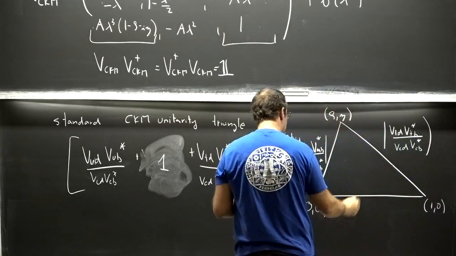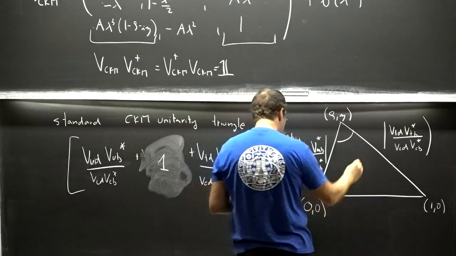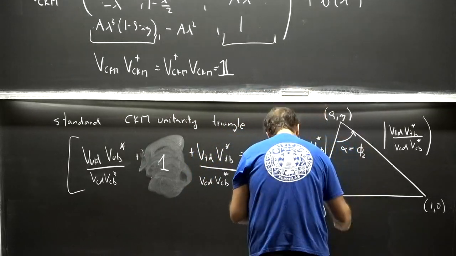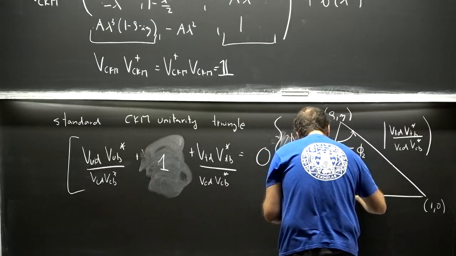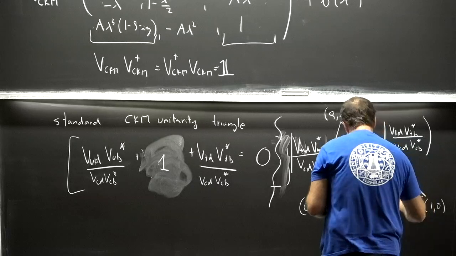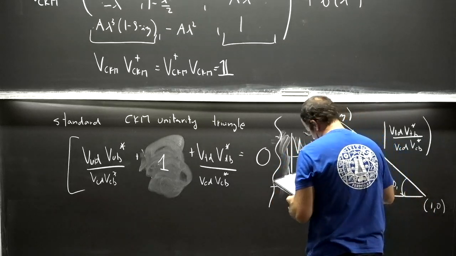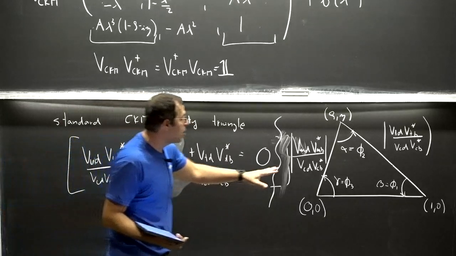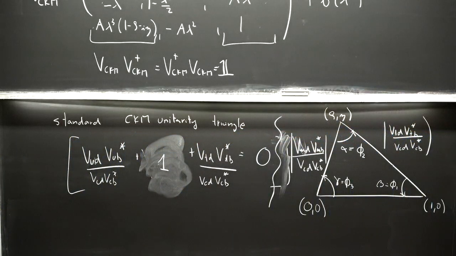And then the angles here have names. I don't know the whole history of how this naming came about. When I became a physicist, this was already set. But it's definitely true that the US uses, or used to use, alpha, beta, gamma. In Japan, it was phi 1, phi 2, phi 3.